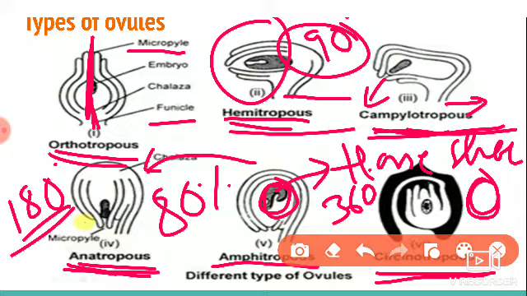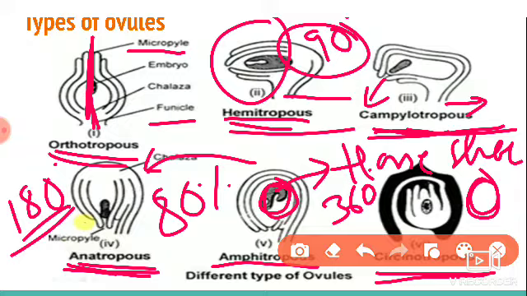Such ovules we call circinotropous ovules. For the amphitropous ovule we can take the poppy plant as an example, and for the circinotropous ovule we can take Opuntia.